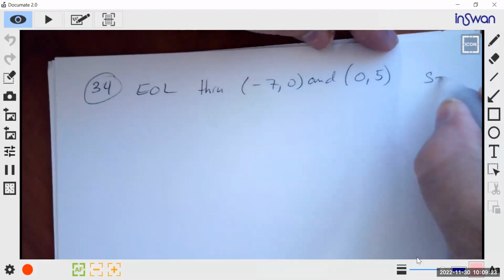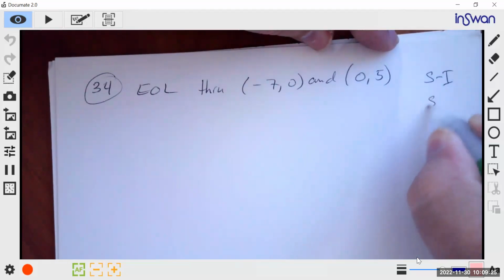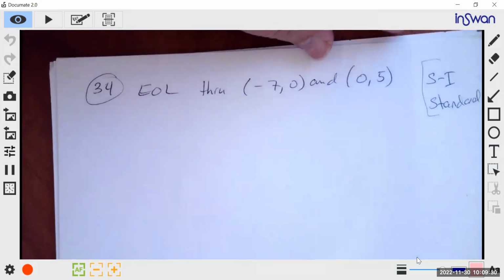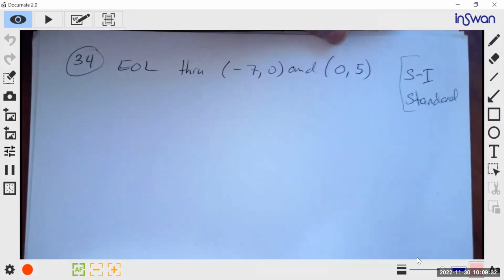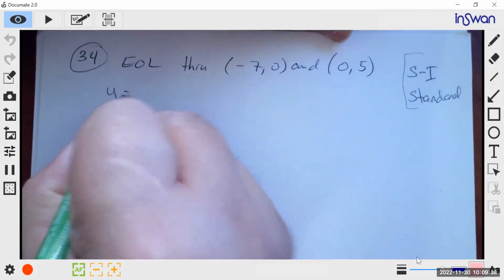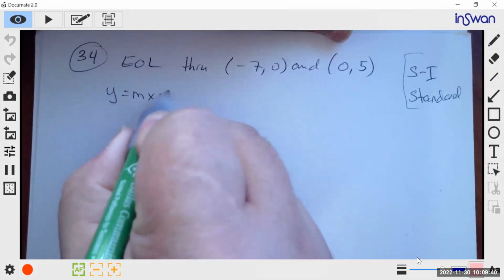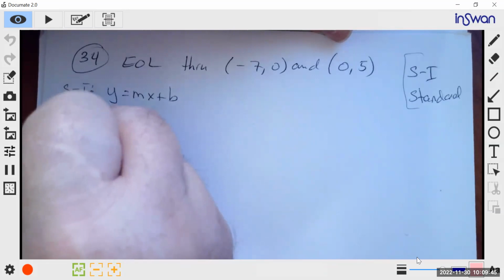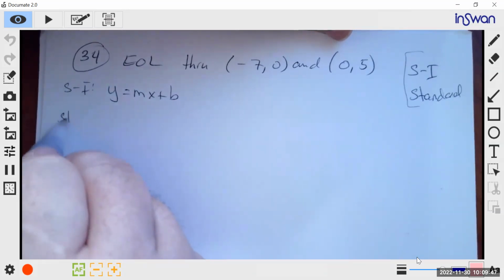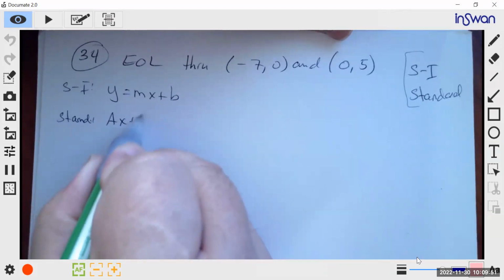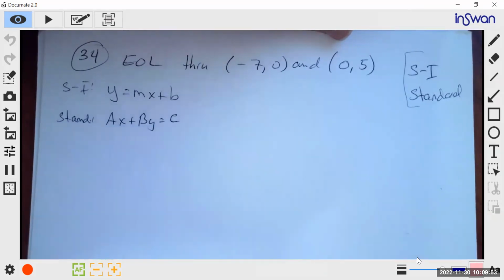It wants slope-intercept form and standard form. So the equation of a line is y equals mx plus b. That's slope-intercept. And the standard is Ax plus By equals C.